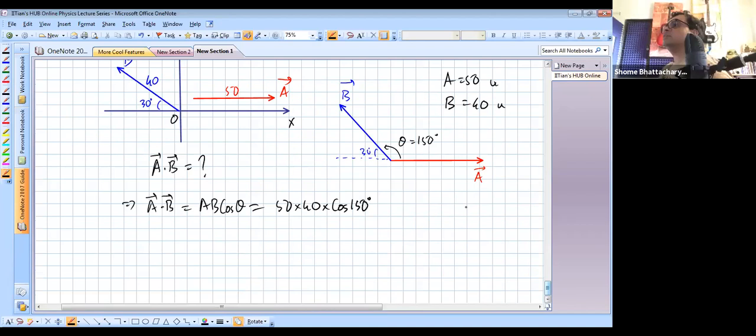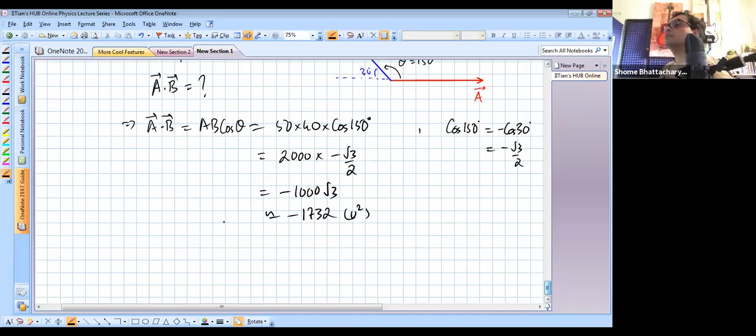Cos 150 is minus of cos 30, which is minus root 3 by 2. So this will become 2000 into minus root 3 by 2, or minus 1000 root 3, or we can write it approximately as minus 1732 units square. Okay, so this is our A dot B.